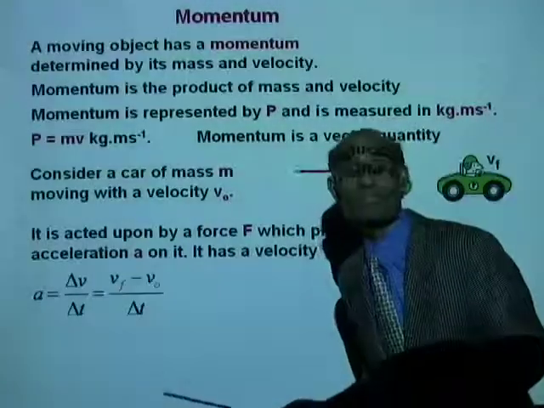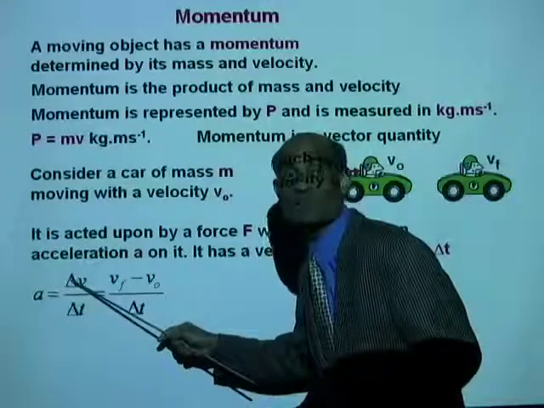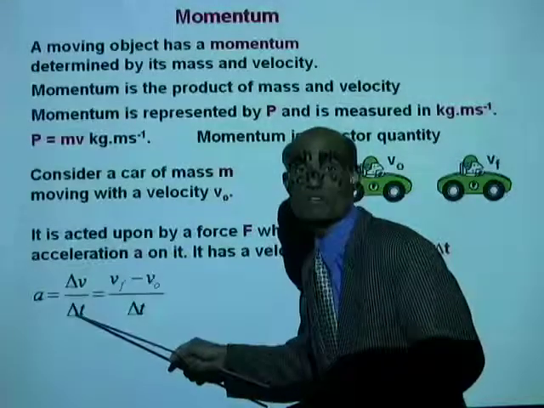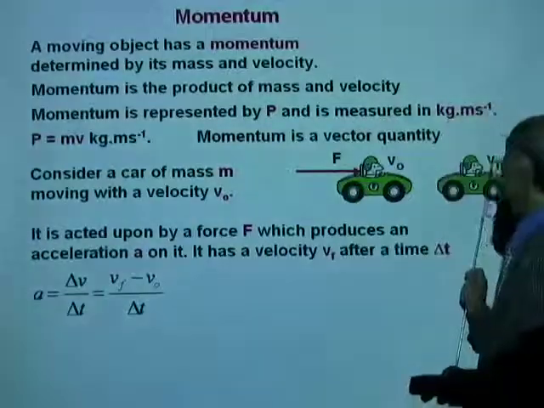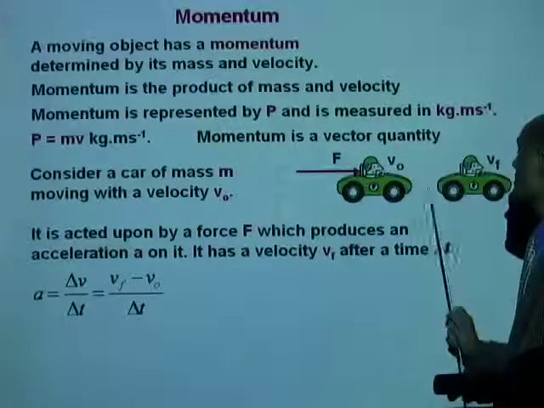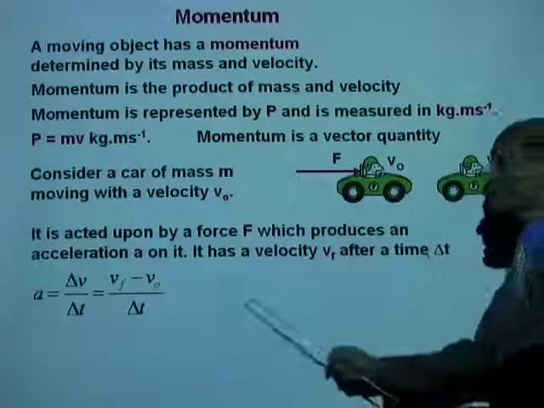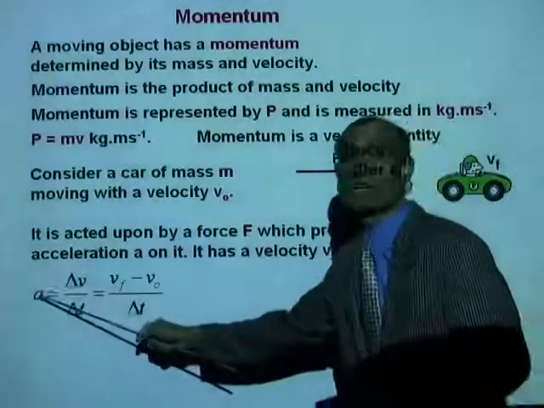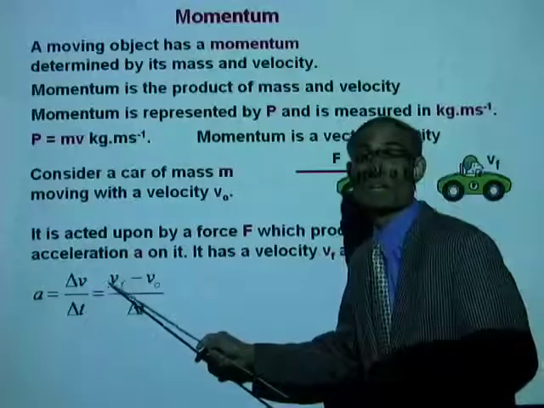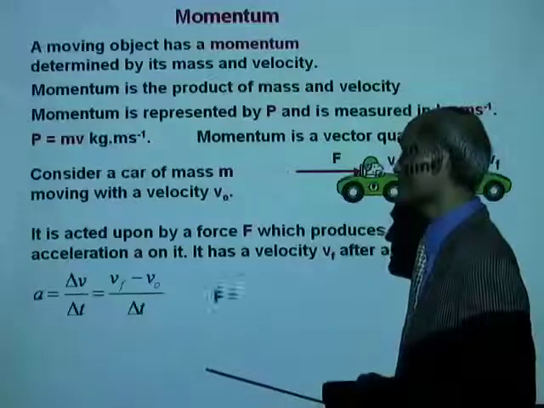What is the acceleration produced on the car? Acceleration is delta v divided by delta t. Delta v is vf minus v0. And this change in velocity occurred during this change in time delta t. Therefore, the acceleration of the car is (vf minus v0) divided by delta t.